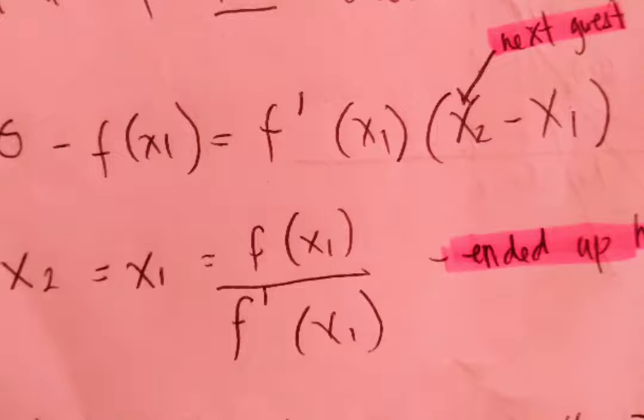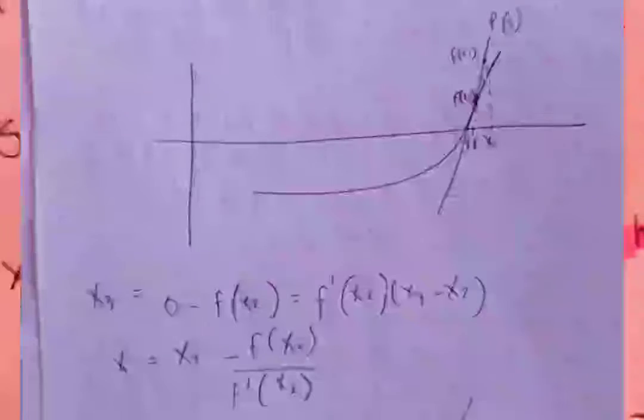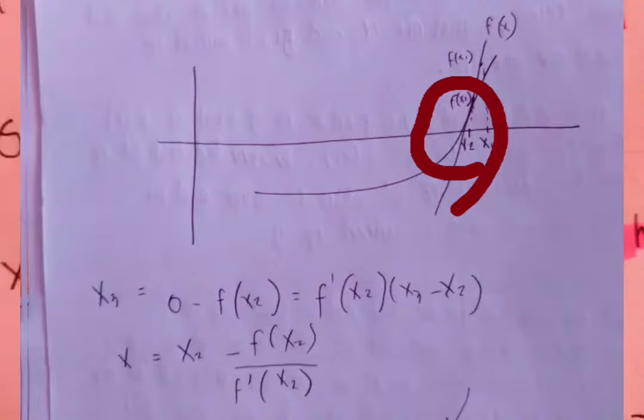What we see is our new guess, x sub 2: the old guess minus the function divided by the derivative evaluated at the point x sub 1. So x sub 2 tells us where the line crosses the x-axis, and it's our next guess where the root might be. As you can see, we already have our second guess.